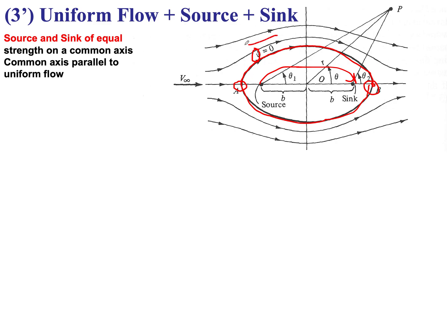So we are going to get that the streamline psi equals 0 is the streamline that goes through points A and B. A and B are the stagnation points, and we found the stagnation streamline.